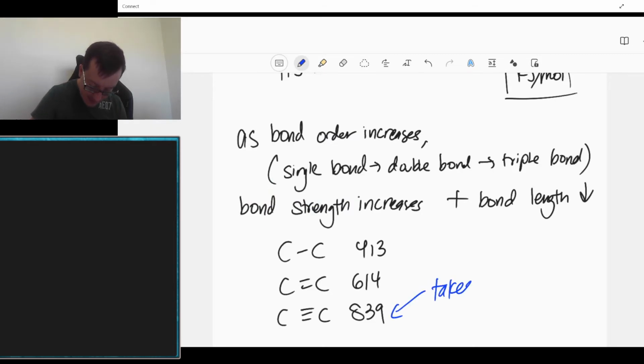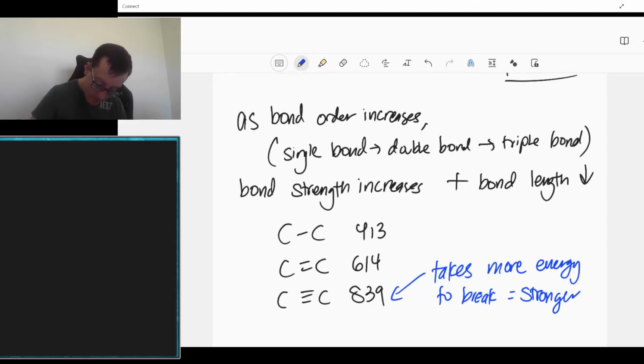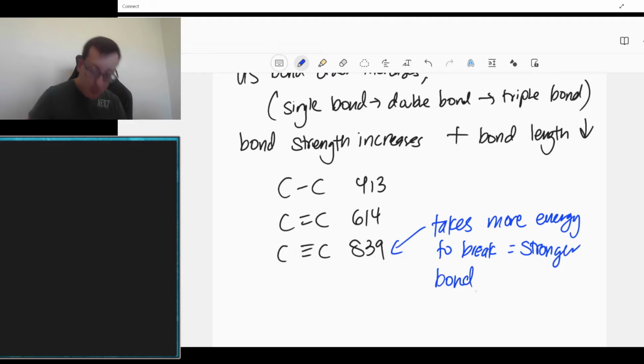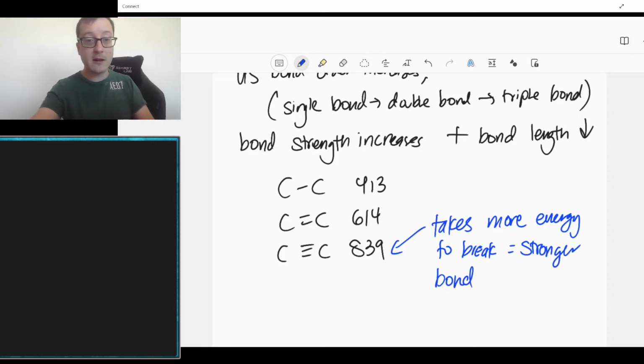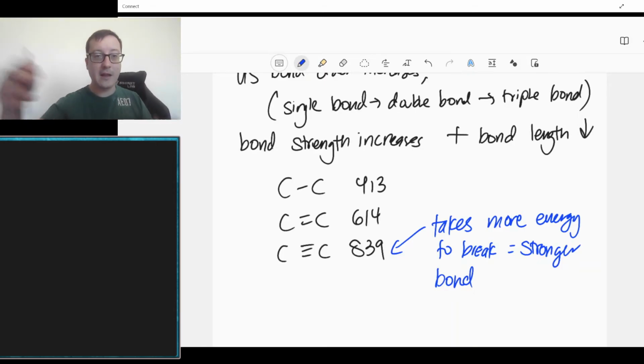So it takes more energy to break this. And that means it's a stronger bond. That kind of makes sense, right? The more energy it takes to break, the stronger it is. The more that you have to like smack it to get it to break open, the tougher it is.